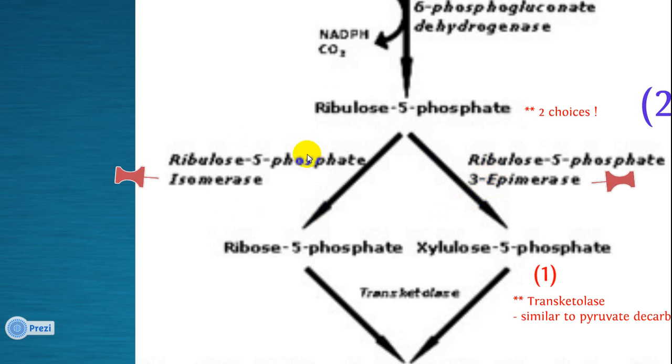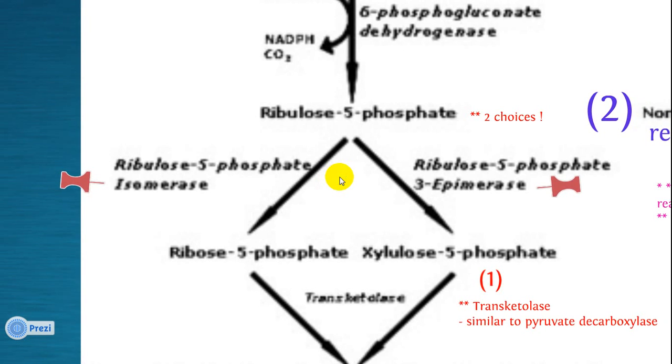Okay? So those two enzyme names are very simple. You just need to know that xylulose is an epimer of ribulose, and to change ribulose into xylulose, you need an epimerase enzyme. Also remember that ribose is an isomer of ribulose, and to change ribulose into ribose, you need an isomerase enzyme.